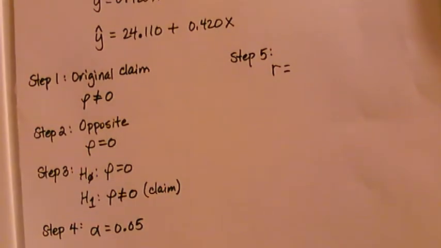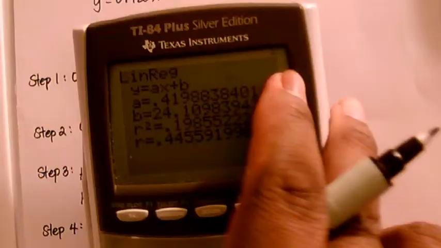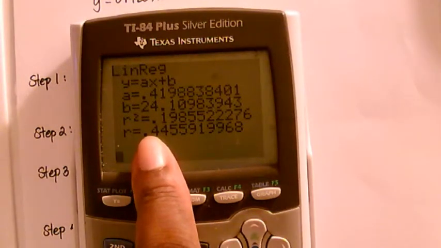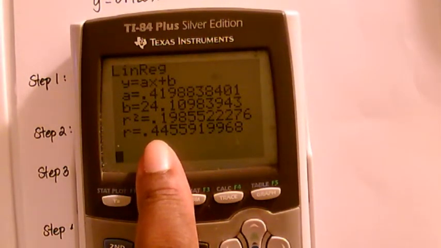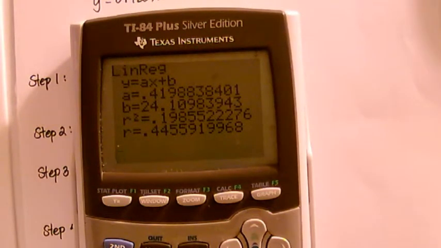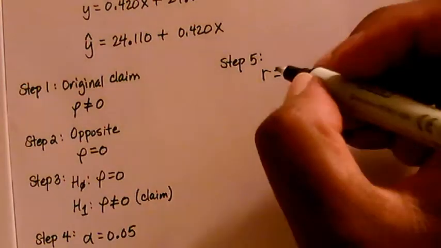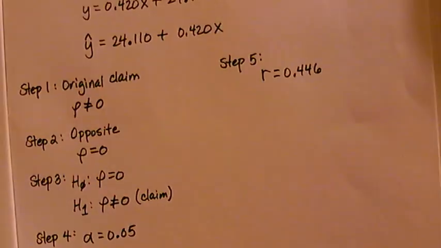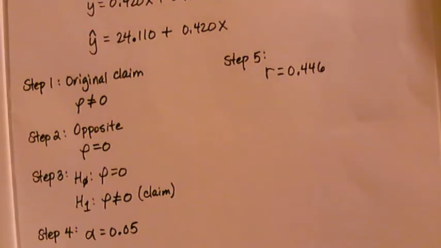Now I'm going to go ahead and bring the calculator back up here. When we did that linear regression for y is equal to ax plus b, we also got the linear correlation coefficient, which is right here. That's going to be 0.446 rounded to 3 decimal places. So your linear correlation coefficient in this case would be 0.446.